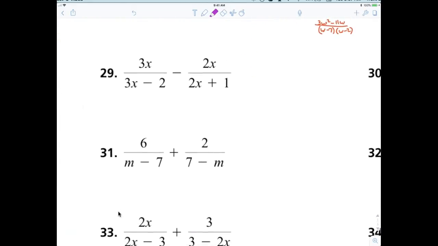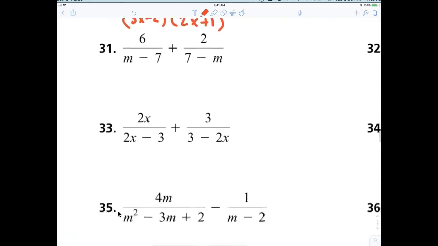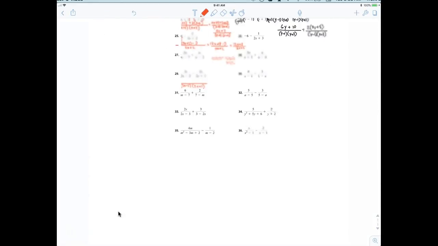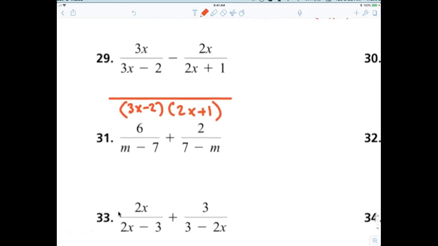All right, number 29. Common denominator. Okay, so what do I multiply the first fraction by? Now, negative 2x times what? You're right, 3x minus 2.